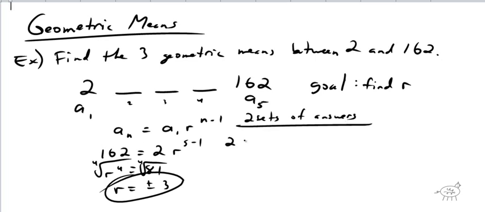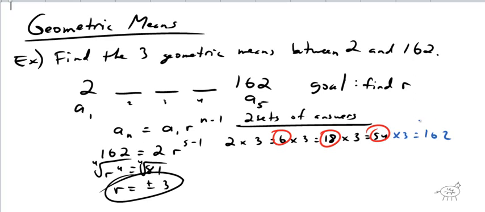One is going to be 2 times, let's do positive. So 2 times 3 is 6, times 3 is 18, times 3 is 54, and then to check it, because we got our three values, we're just going to multiply it out again times 3, and that gives us 162.